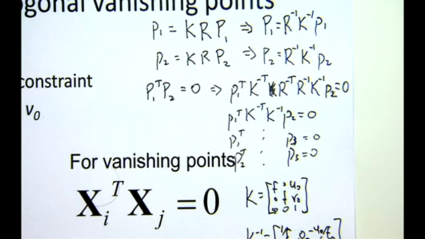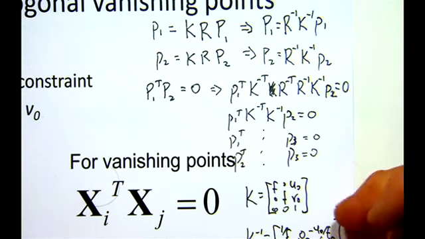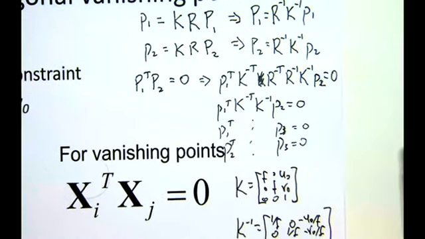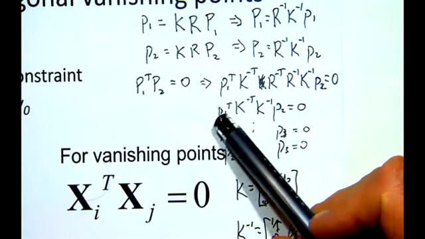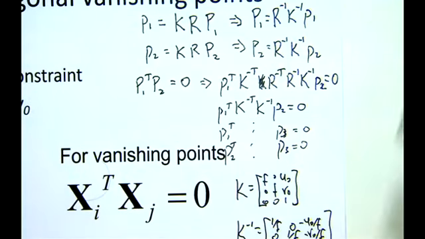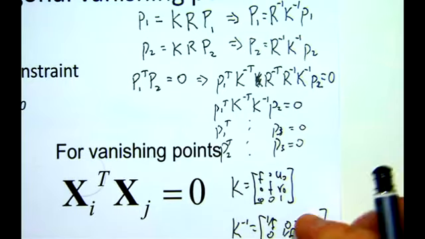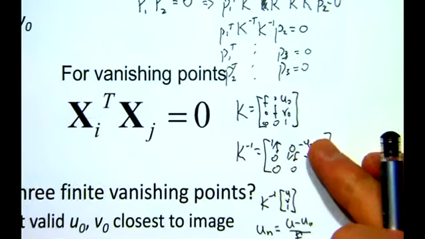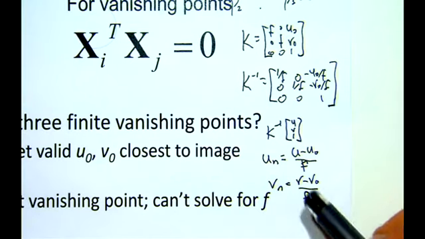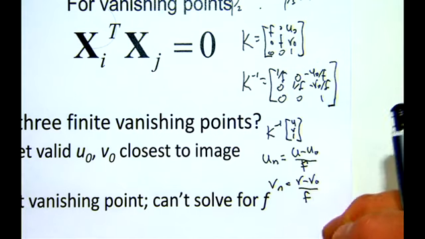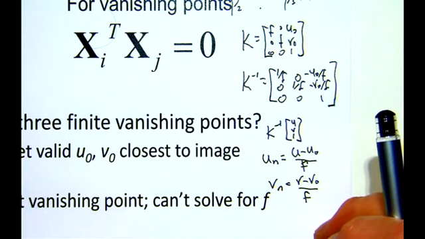Yeah, so you can substitute. I didn't write out all the equations, but you can multiply K inverse times p1 and then take the transpose. When you do that, you can solve for W so that you transform it: Un equals U minus U naught over F, and Vn equals V minus V naught over F. So you can still get rid of the W's by substitution like we did for the other equations.